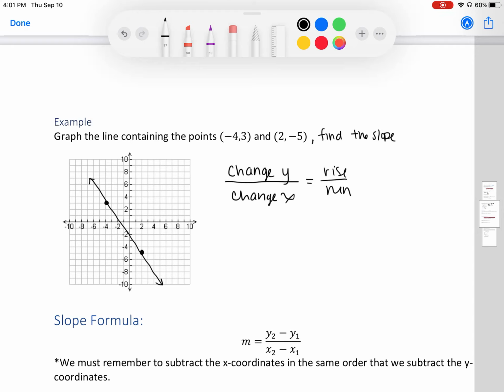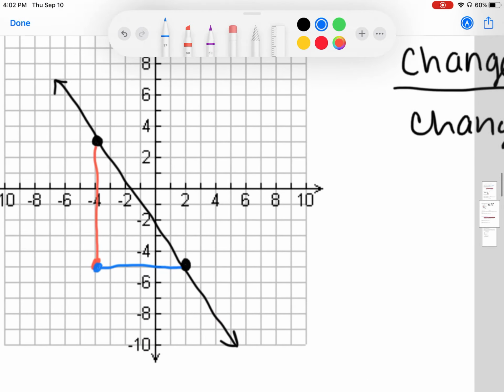So here, we want to see our rise, how far up and down we go, and the run, our left to right. Our rise, our up and down values from our graph, go from here to here. Our run, our left to right values, go from here to here. What makes up our rise and our run? So we rise 1, 2, 3, 4, 5, 6, 7, 8.